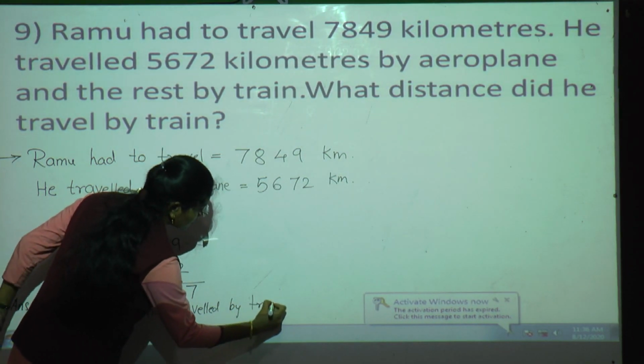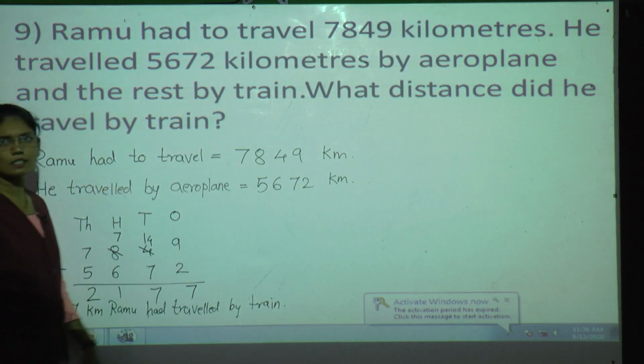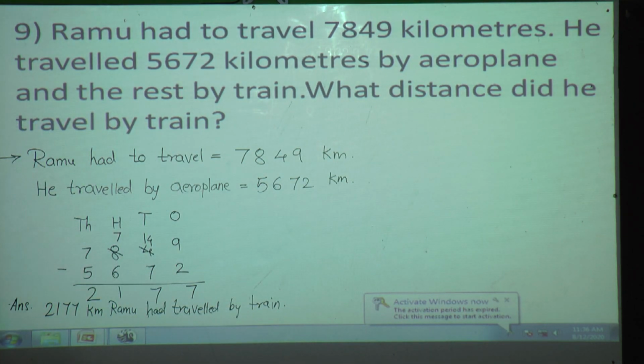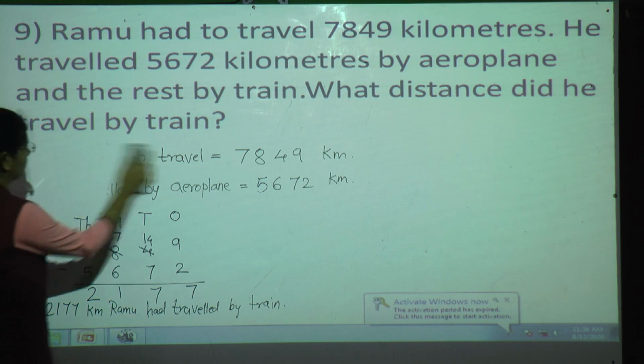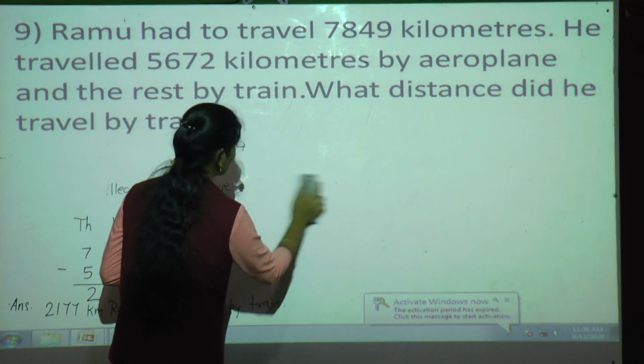So in this way you can write the answer in your own sentence also. Okay, understood till this question? Then we'll move to the next, that is question number 10.